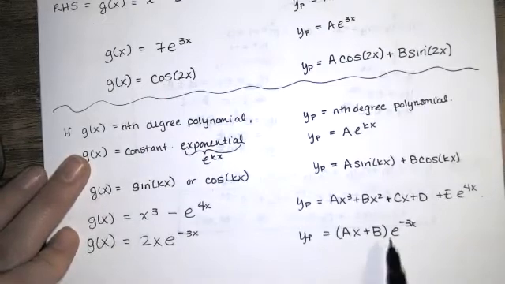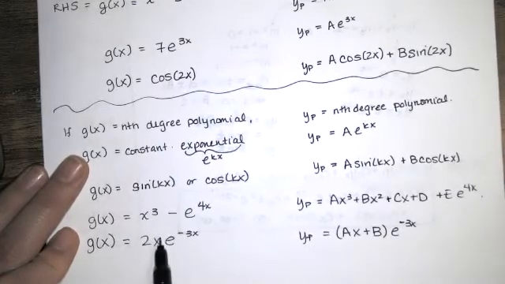Now, I've seen some people add an extra c over here. They'll have ax plus b times that whole quantity times c times e to the negative 3x. The c is not necessary, because c times b is just going to lead to a different constant, and c times a is just going to lead to a different constant there. So you really just need that polynomial times the exponential function, a polynomial of the right degree.